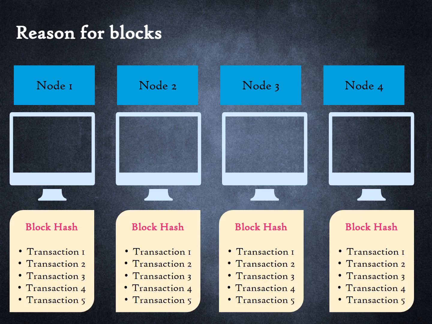Now consider a different setup. All transactions are grouped in a block. A hash is assigned to the block using the hash function. This hash is derived from all the individual transactions. Any change in the details of one transaction will change the block hash. In the block setup I just described, one of the transactions gets corrupted on one node, just as before. The hash of the parent block changes.